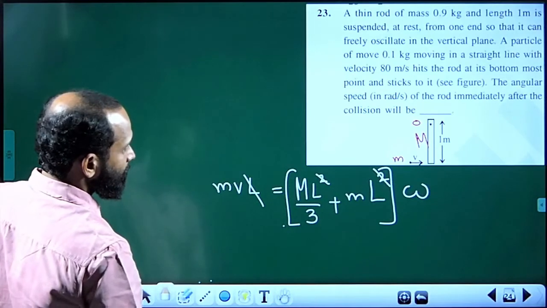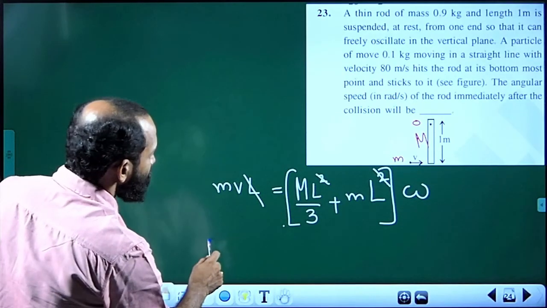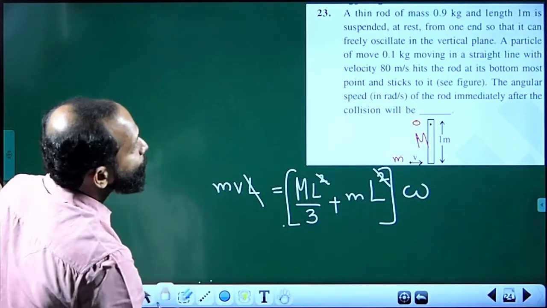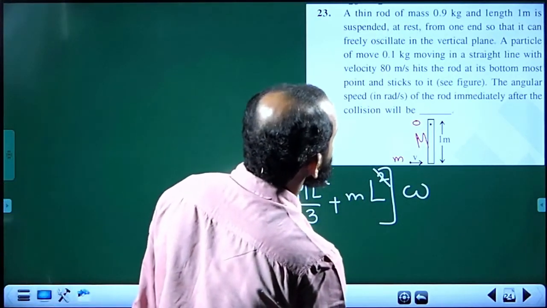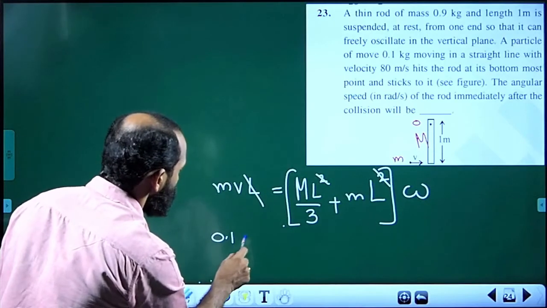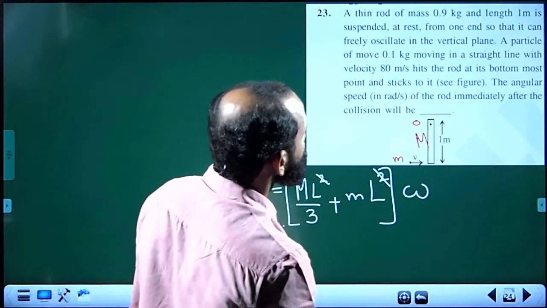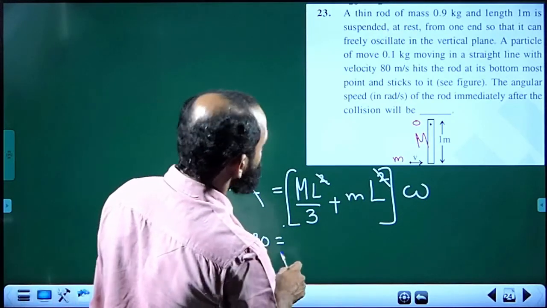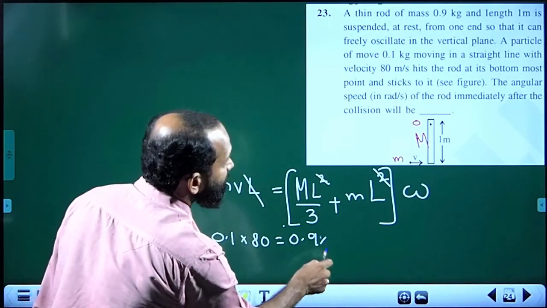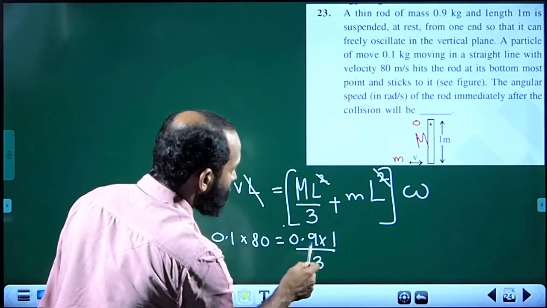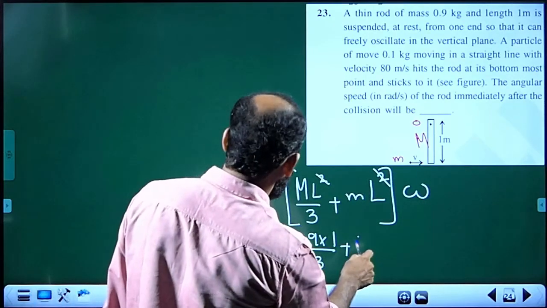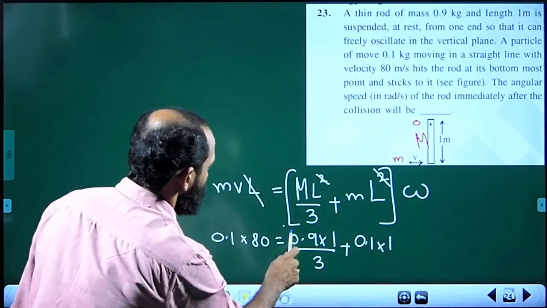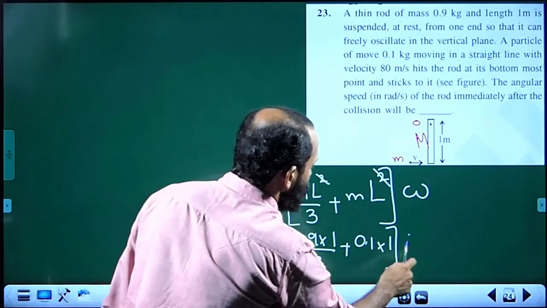Okay, now omega can be found. Small letter m is known to you, 0.1, times velocity is known to you, 80, is equal to capital M is 0.9 and length is 1, by 3, plus small letter m 0.1 into length 1, into omega.